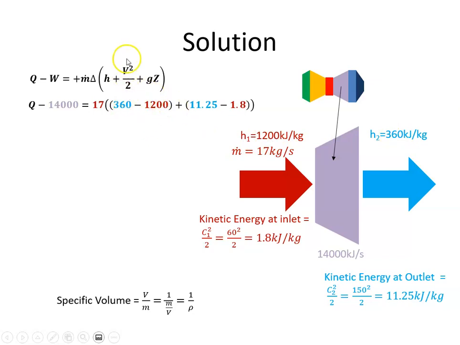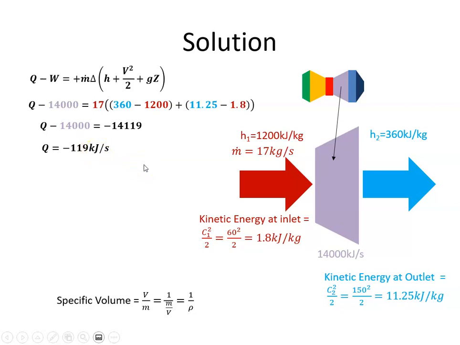And the change in kinetic energy is 11.25 kilojoules per kilogram at the exit and 1.8 kilojoules per kilogram at the entrance. So when I multiply that out, I get Q minus 14,000 is equal to minus 14,119. I'm going to bring the 14,000 across. So heat has been rejected at a rate of 119 kilojoules per second.